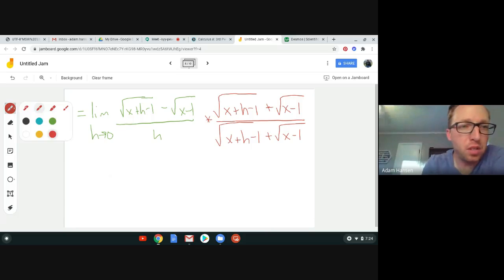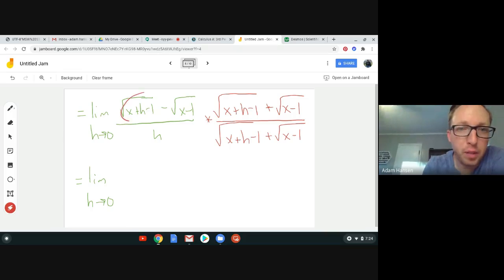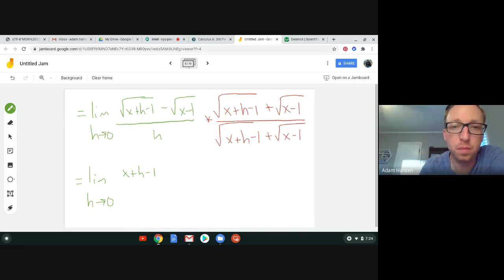All right, so let's start simplifying. Square root of x plus h minus 1 times the square root of x plus h minus 1. Well, those two radicals will cancel out, leaving me x plus h minus 1.